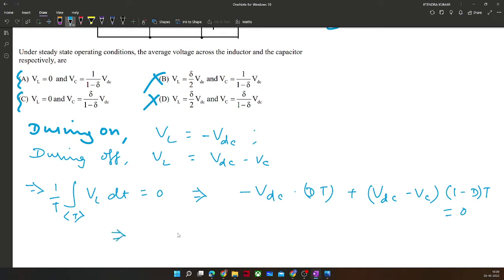If you solve this equation, VC would come out nothing but VDC divided by 1 minus D, or 1 minus delta. So it is matching with our first option, so it will be correct.